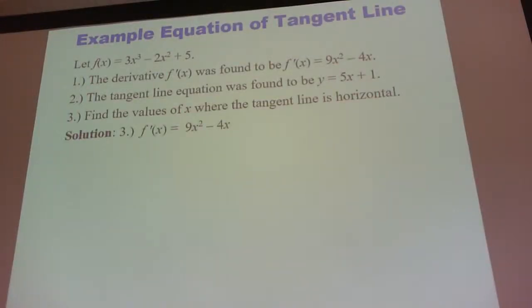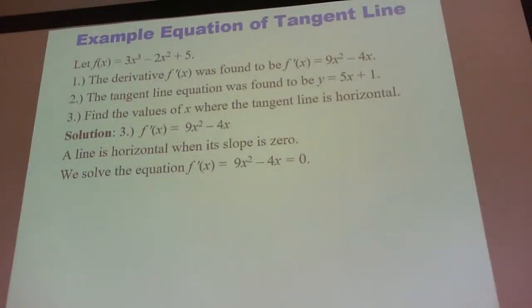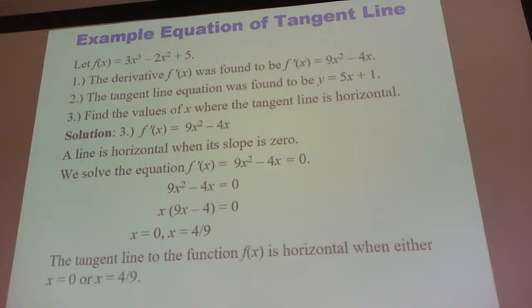If I want to find when the tangent line is horizontal, that is when the slope is 0. I can set it equal to 0. When is the slope 0? Remember, slope is the derivative. Set equal to 0. Again, this will be algebra. Factor out the x, get two answers.